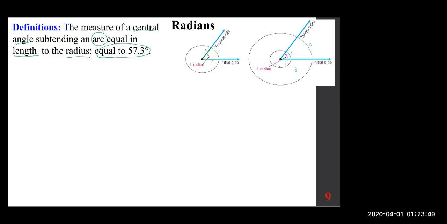So if you look at, for example, the small circle has a radius 1. The arc length. So for the small one, let me use a different color, class.